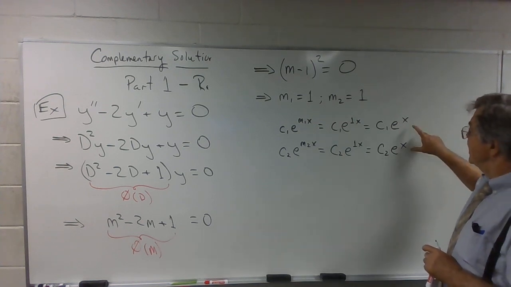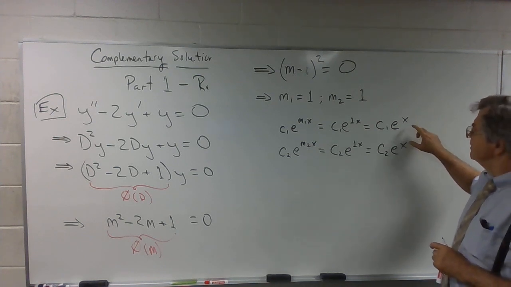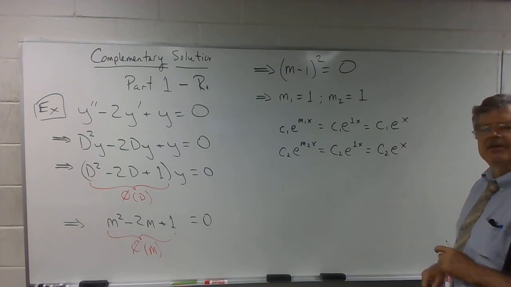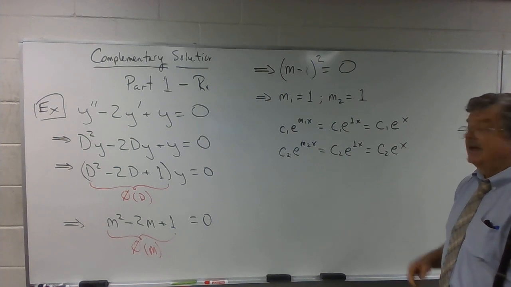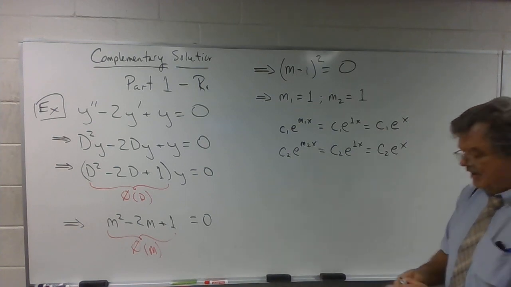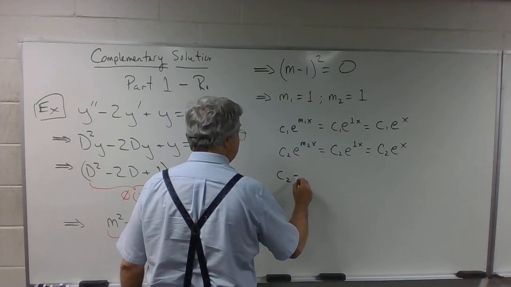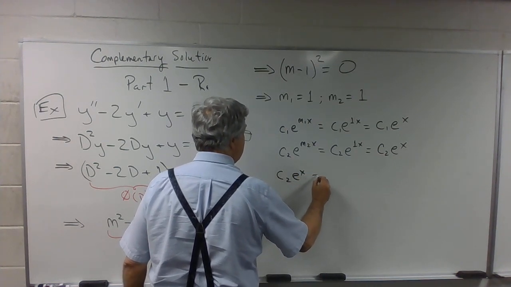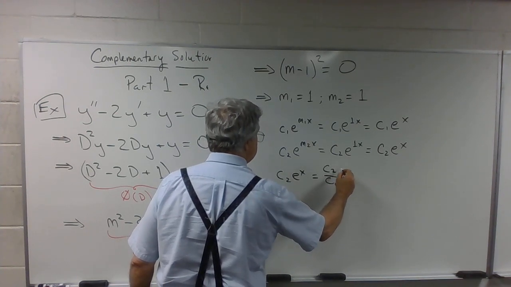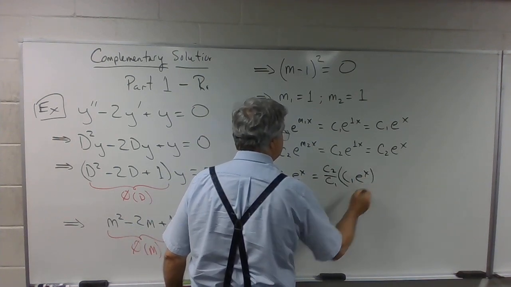In the case where we have two solutions, they're independent if one solution is not a constant multiple of the other solution. Hey, this solution is a constant multiple of that solution. I'll prove it to you. c2 e to the x equals c2 over c1 times c1 e to the x.